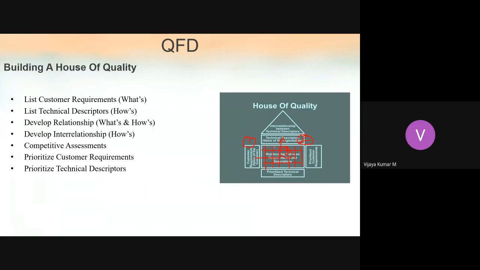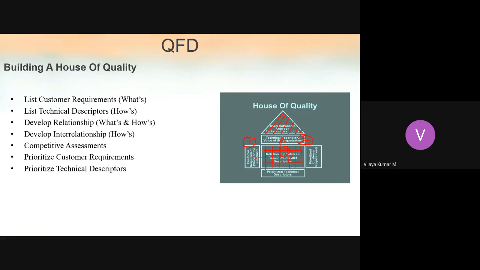If you have 6 different categories of technical descriptors, then to identify the interrelationship between the technical descriptors, you have to generate the house in this way: the 7 relationships, 3, 4, 5, and this one is 6.